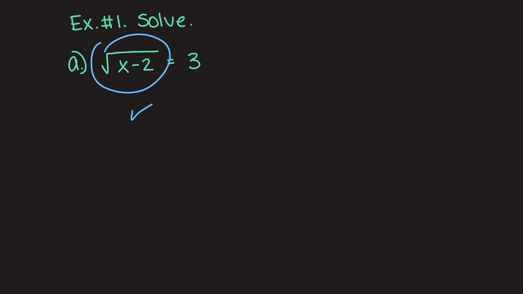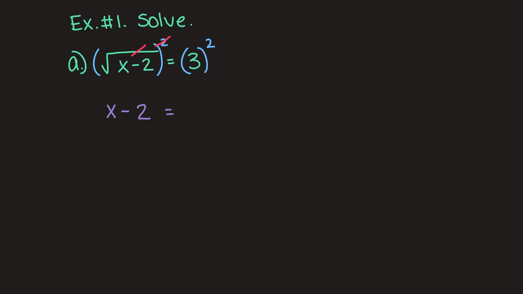So let's try some examples. For this equation, we already have a radical on one side by itself, so the next step is to square both sides of the equation. For the left side, since we are squaring a square root expression, we know that this will eliminate the radical, and we are just left with the radicand. So the left side simplifies to x minus 2.